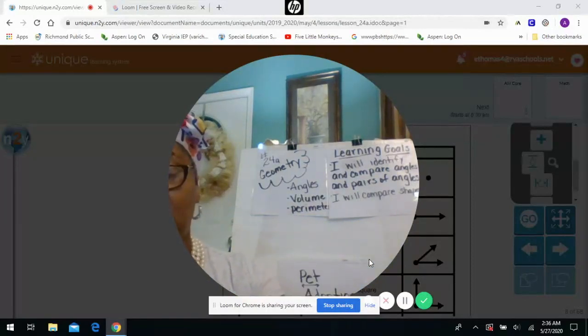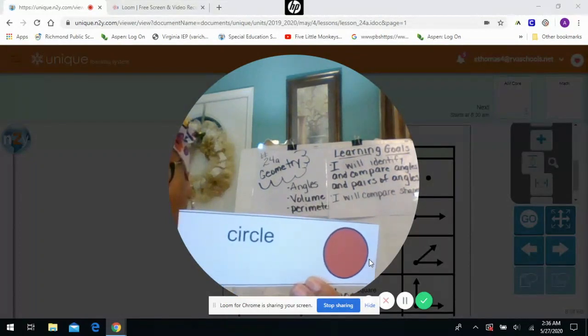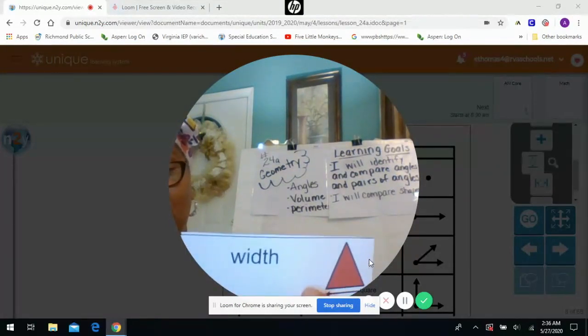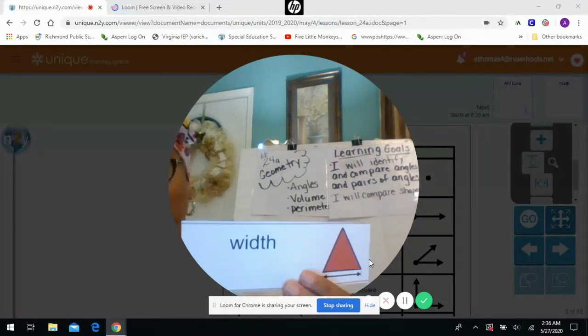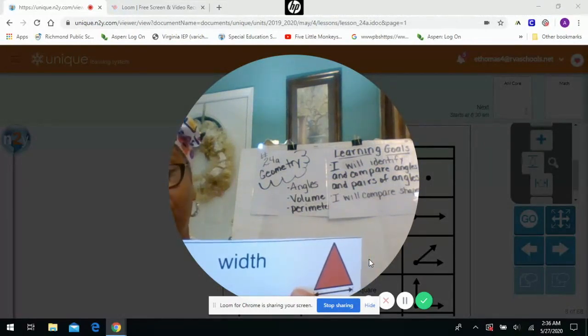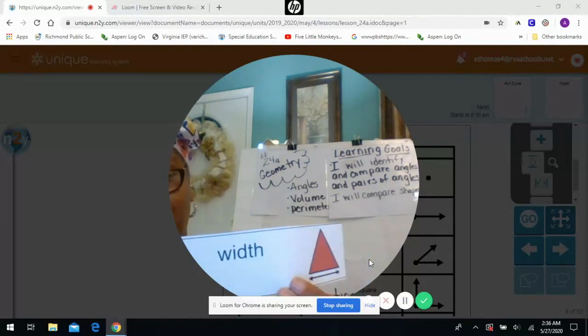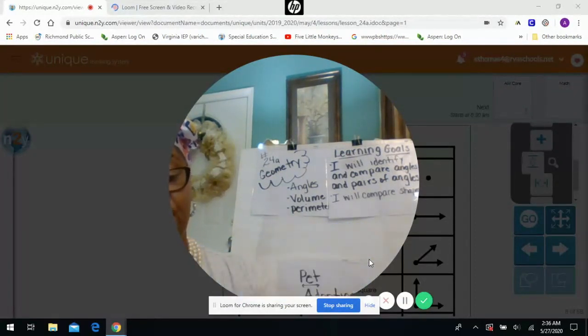And a circle is a curved line segment that meets. Circle. The width is the measure of the short side of something to the other short side. The width, usually the shorter side.